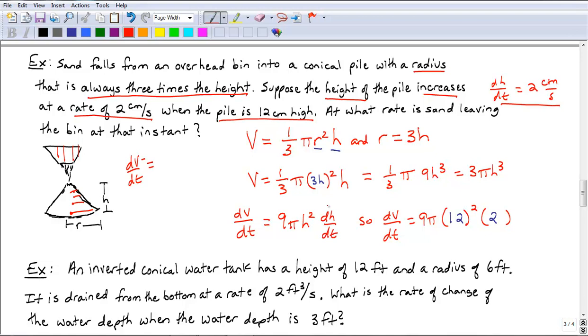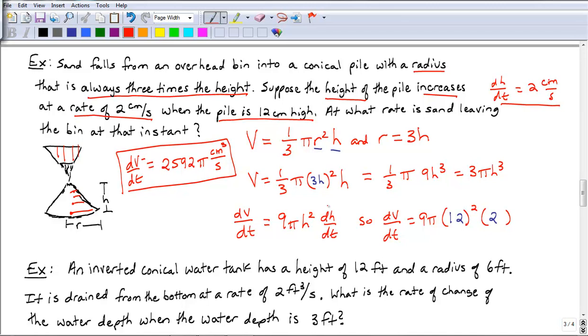That gives me 2592 pi. Notice a lot of people will just leave pi in the answer. But that's around 7,800. 7,800 what? Well, the volume, if the height and radius are measured in centimeters, then the volume is going to be those units cubed. The time is seconds. So that's how fast the sand is leaving the bin, because it's falling onto the pile at that rate.